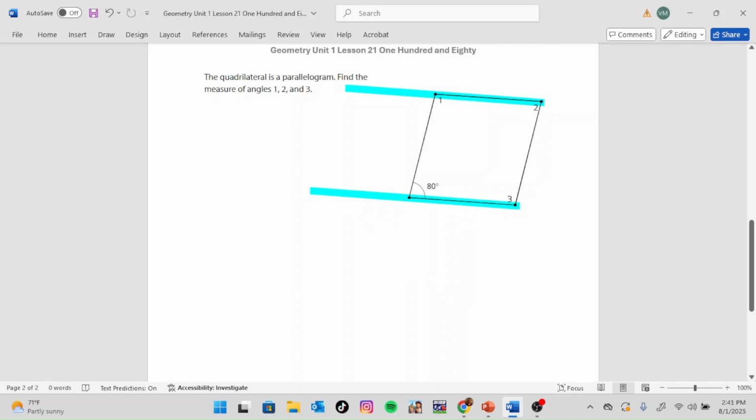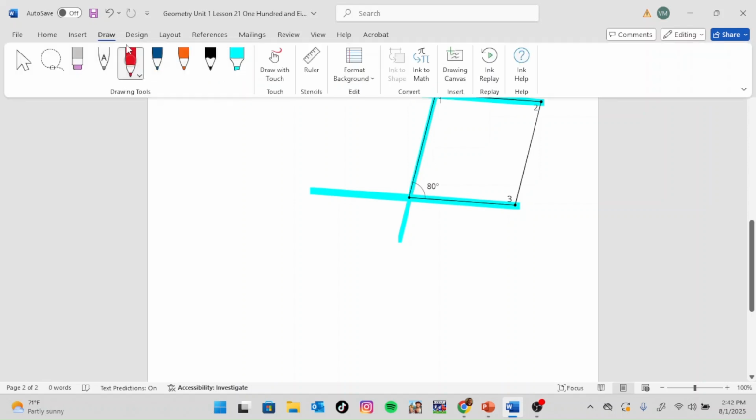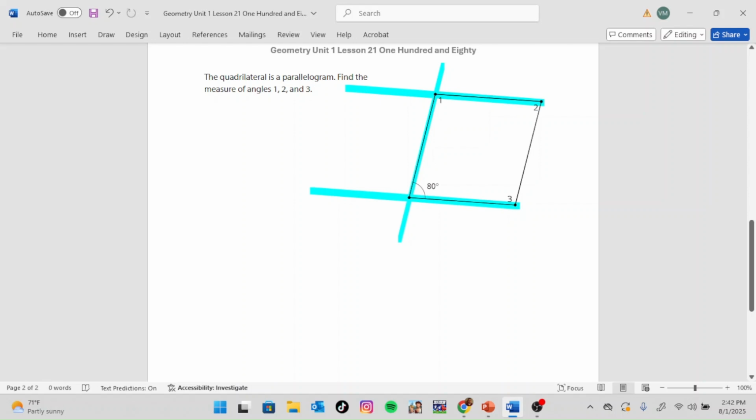And then we can call this line going through number 1 and the 80 degrees the transversal. And as we have learned in previous lessons, when we have parallel lines that are cut by a transversal, the opposite interior angles are the same.